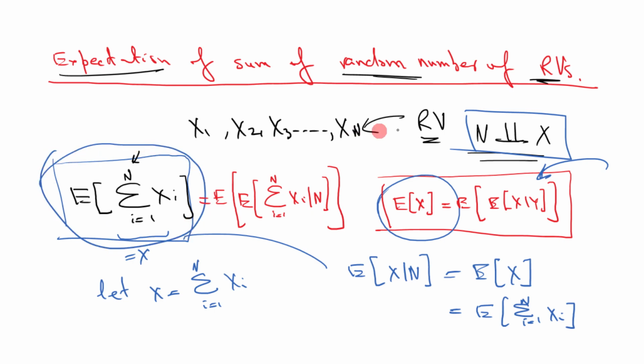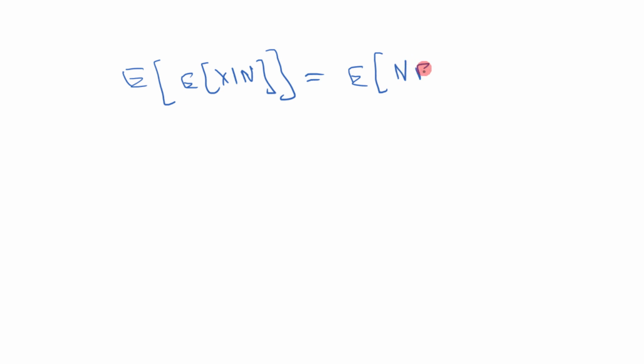So expectation of x given n will be equal to expectation of n times expected value of x. This expected value of x is a constant.